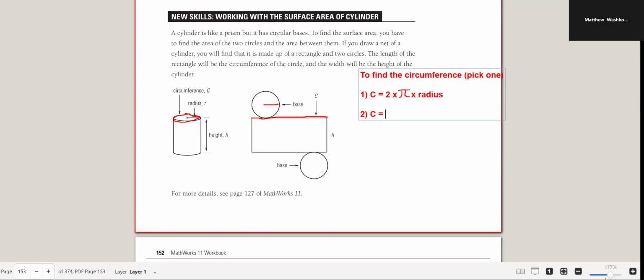Or your circumference is equal to, sorry, not 2 times, not 2. It is equal to pi times the diameter.